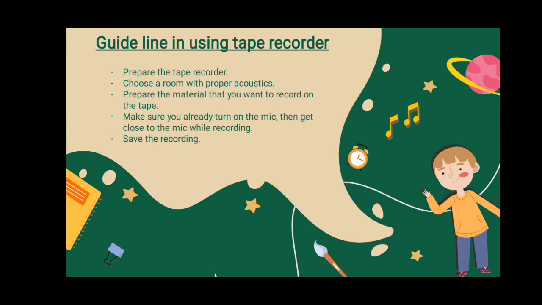The third step is to prepare the material that you want to explain or record on the tape recorder. You also need to make sure you have turned on the mic, and get your mouth close to the mic while recording, so the voice will be clear.